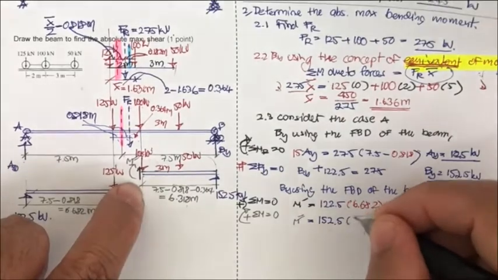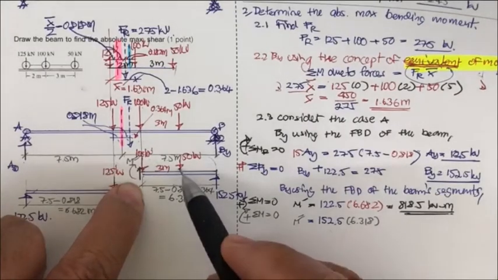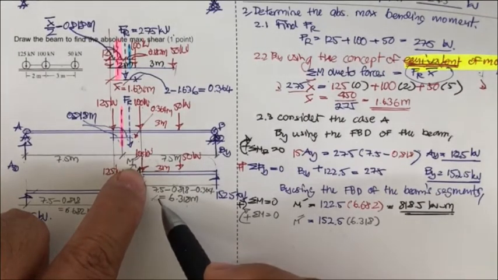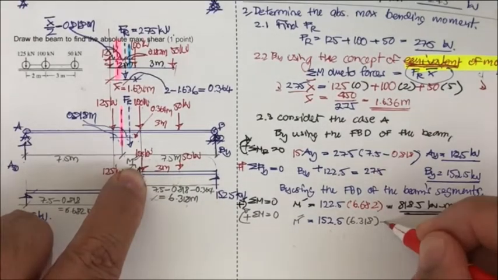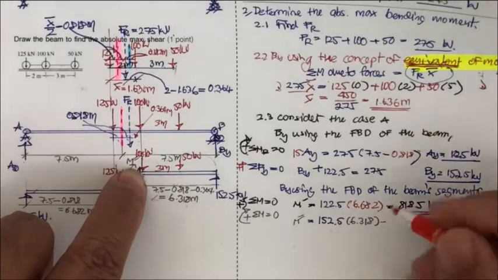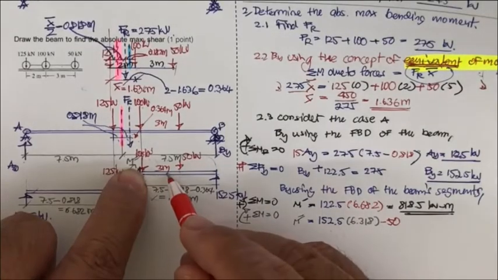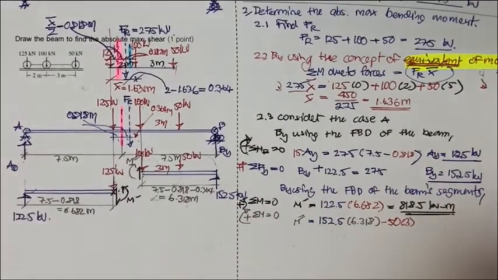6.318. And you also have this 50 kilonewton rotating in the same direction as M pum pum, so it's going to be minus. You mark it on the opposite side of the equal sign, 50, and it's going to times 3. Okay, you get M pum pum this time.